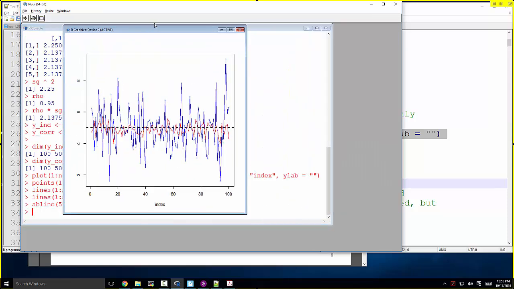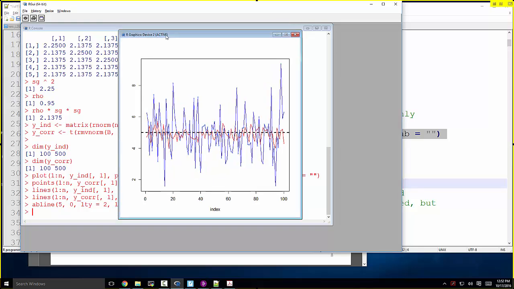So we saw this picture last time. 1 to 100 on the x-axis, and then the dots connected by different line segments are the actual observed data. The blue is the independent case, and the red is the correlated case.